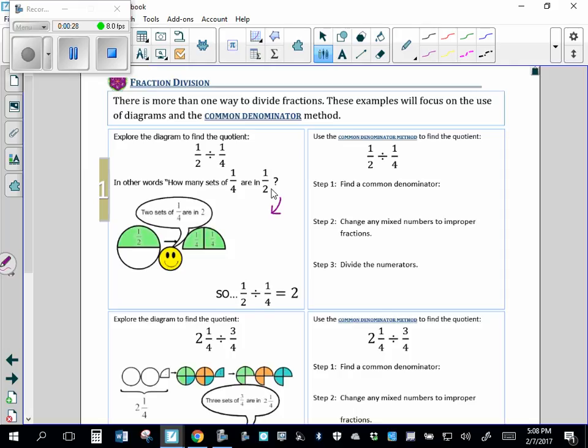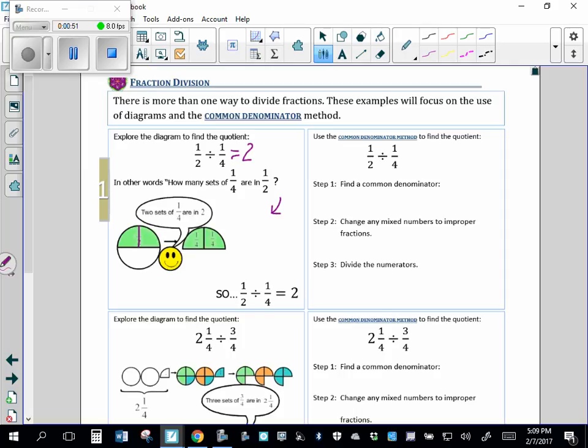So the division problem, 1/2 divided by 1/4, is asking us how many 1/4 slices are in a half. So over here is a green 1/2, and if you divide it into two parts, you can see there are two 1/4 slices in a half, and so we say 1/2 divided by 1/4 is 2.